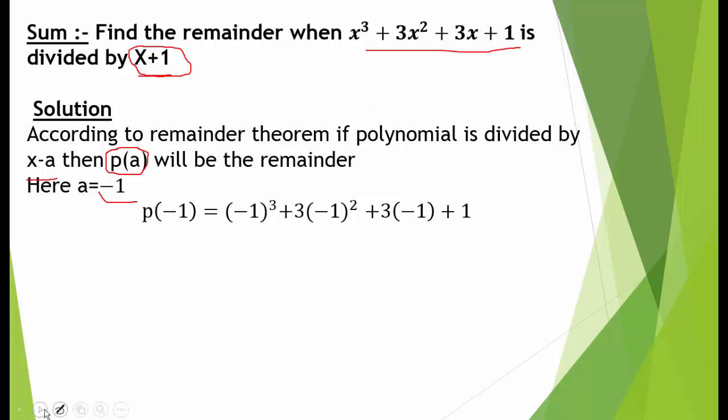Now on solving, this will become minus 1, and this minus 1 square is plus 1, and this will become plus 3, and 3 into minus 1 is minus 3, and plus 1 as it is. These 3 and this will get cancelled out, and again minus 1 and plus 1 get cancelled out and we are left with 0. So the remainder is 0. Now if we divide this, the remainder is 0.